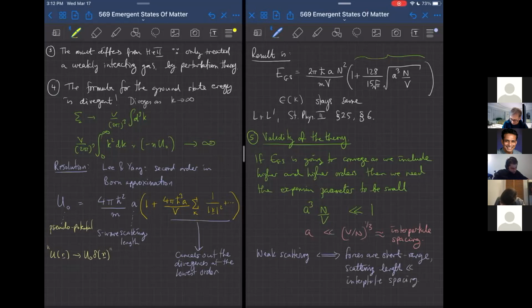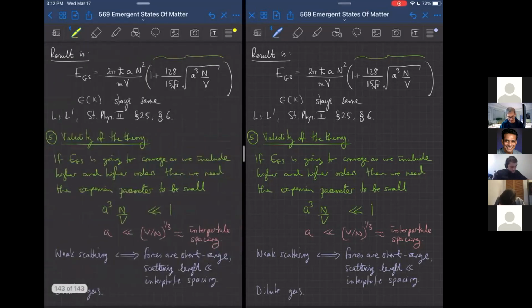Which means that they are dilute. So it's mostly an ideal gas, but every now and then something has a collision, and that's really what we expect in perturbation theory for many-body systems.